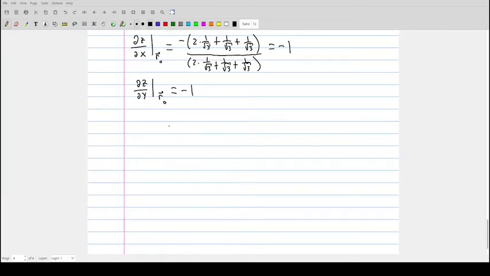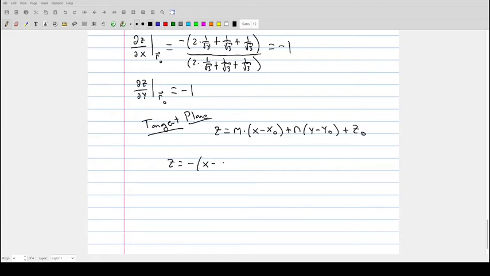Which means that the equation of the tangent plane, remember from the lecture on linearization and the tangent plane, is going to be z equal to m times x minus x naught plus n times y minus y naught plus z naught, or z is equal to negative x minus 1 over the square root of 3 minus y minus 1 over the square root of 3 plus z naught, which is 1 over the square root of 3.